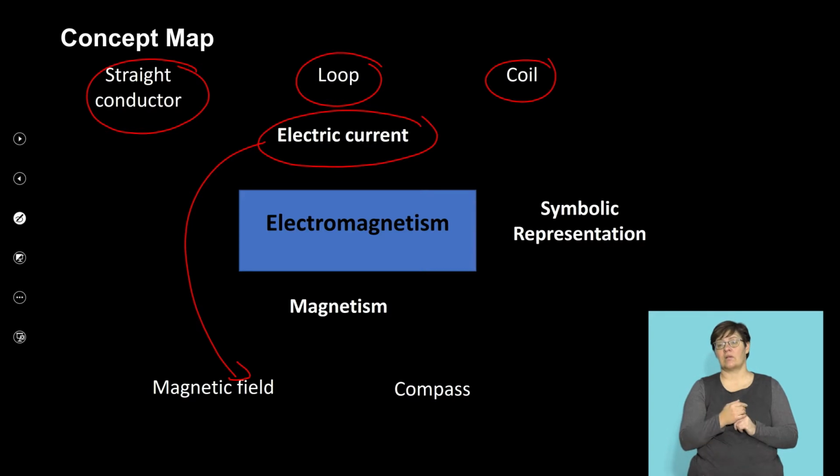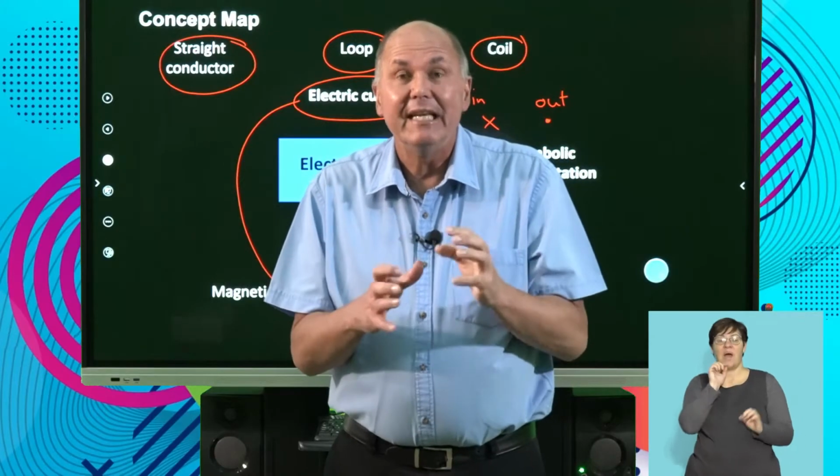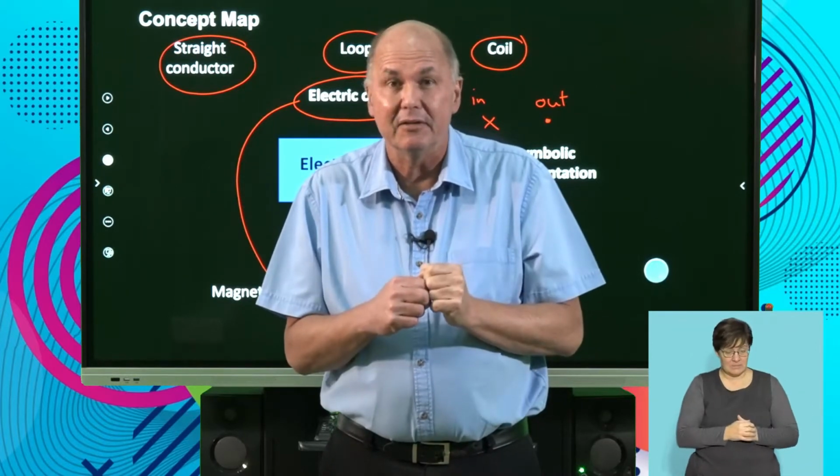We represented with a cross to say that was current that is moving into the plane. With a dot, it tells us that current or the magnetic field is moving out. We're going to use the same symbols when we're dealing with motors and generators, so it's important that you revise those.